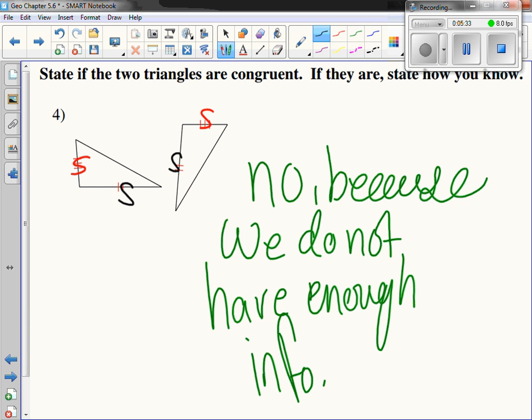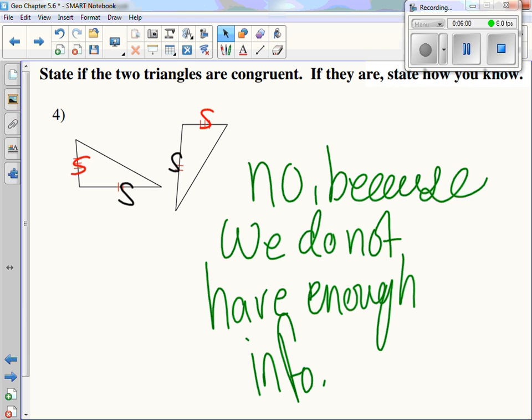We have another set of sides that are congruent. But how many pieces of information do we need? Three. Because we either need three sides, two sides and an angle, or two angles and a side. All they gave me was two sets of sides. So I do not have enough. So in any of these congruency theorem statements, we always need three pieces of information. Always need three. Questions on this here?